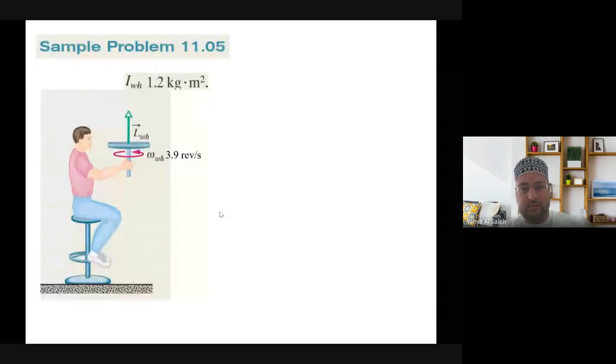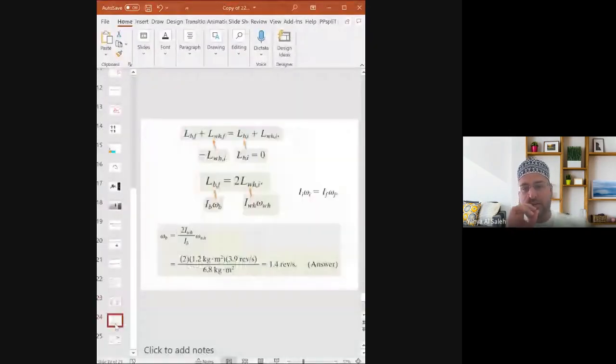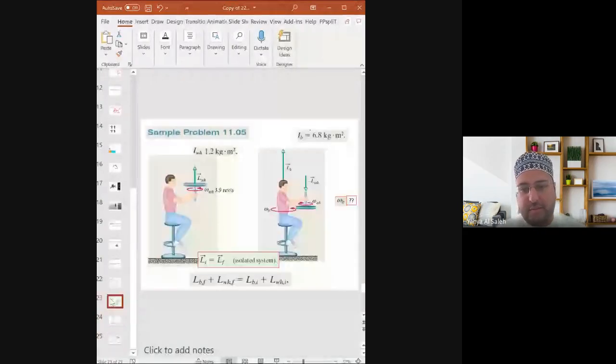So let's do a sample problem. Let's end this chapter with a sample problem, which I really like, sample problem 11.05. This figure shows a student sitting on a stool that can rotate freely about a vertical axis.